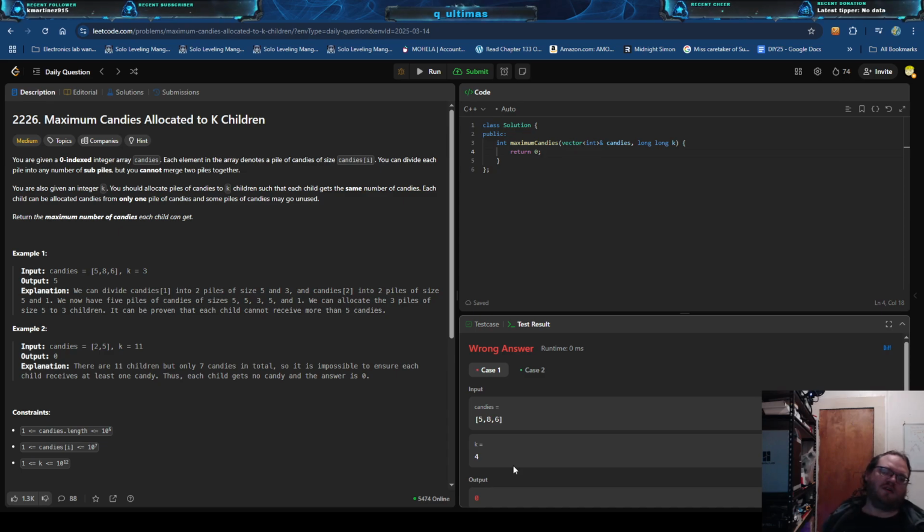How would that work? You would need at least 1 candy per child. And you can separate them all individually, so it's fine.